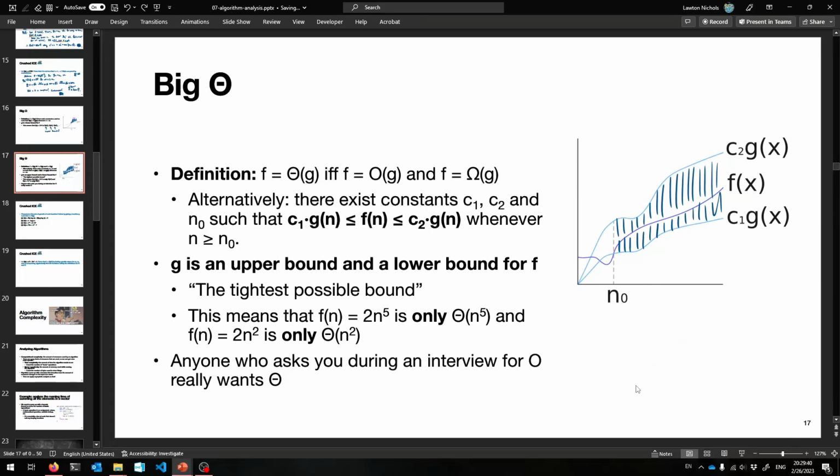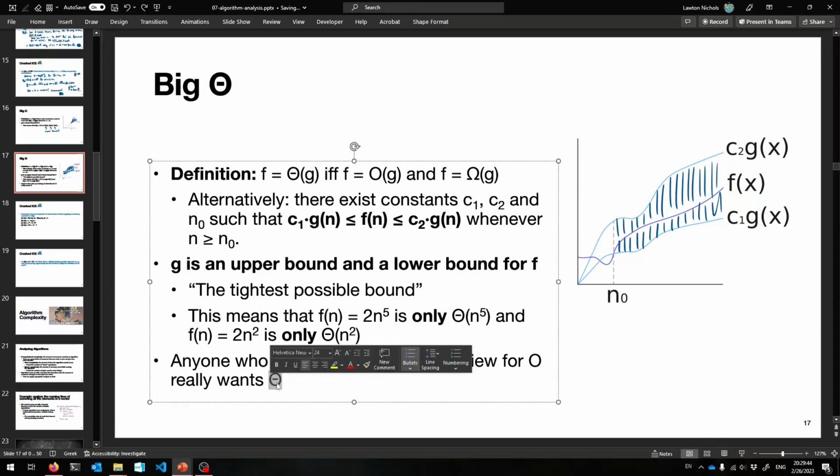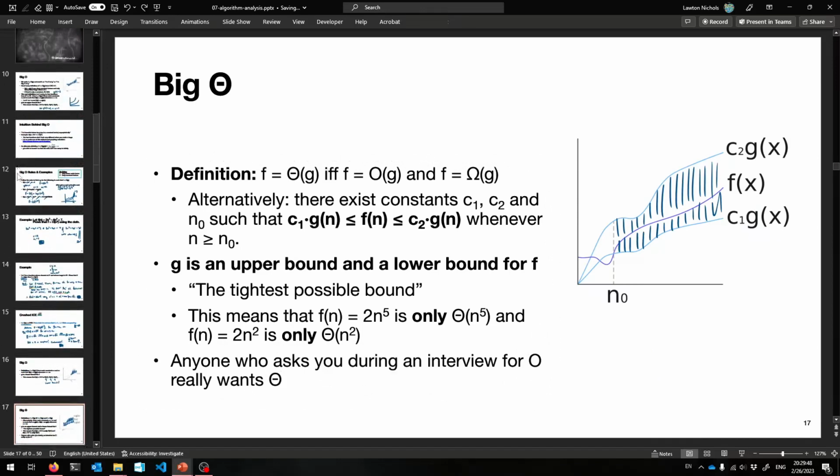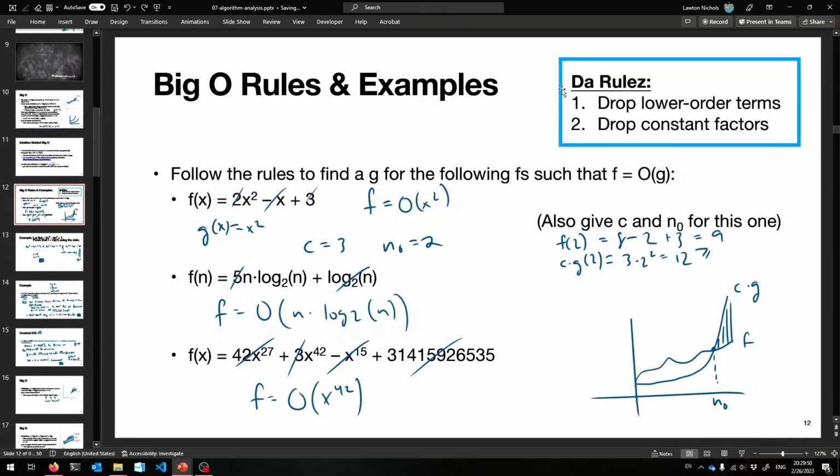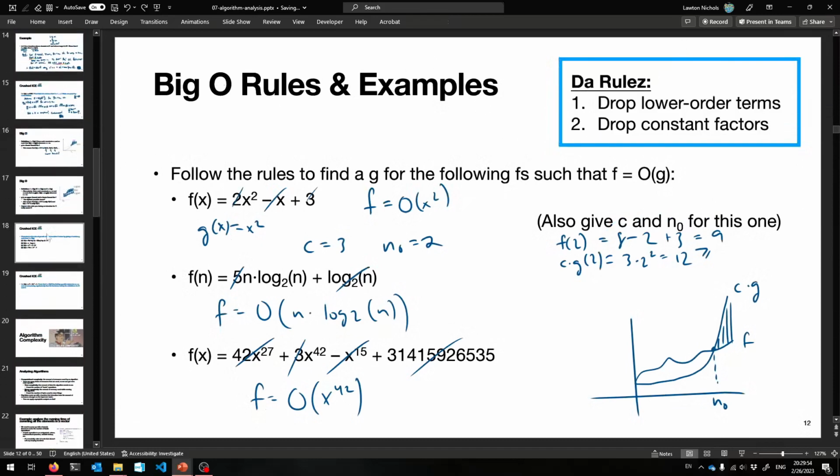The interviewer, everybody who is using this notation is really asking about the tightest possible bound. So when you see big O, usually you're talking about really big theta, and these rules are going to give you big theta. So that's the goal there, that's the idea.